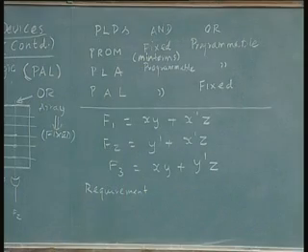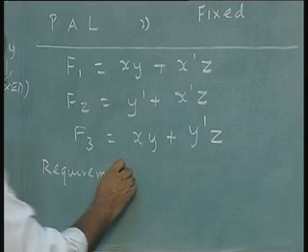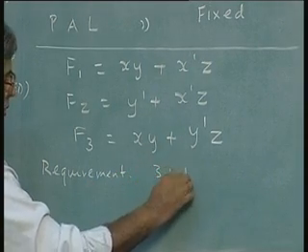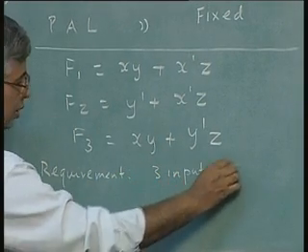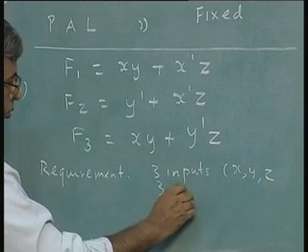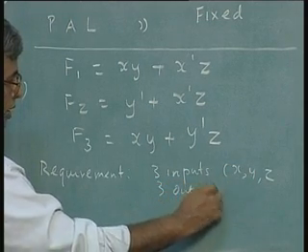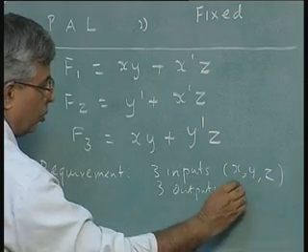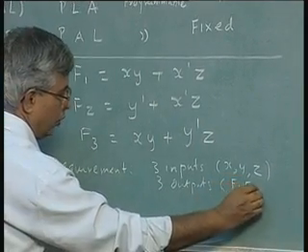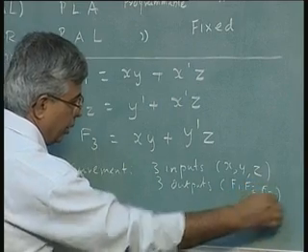So, what we have to do is we have to have a requirement. We are only talking about the programmable AND gates, fixed OR gate structure. Requirement, of course, there should be 3 inputs because there are x, y, z. There will be 3 outputs. So, this is common to both the devices, PAL and PLA.